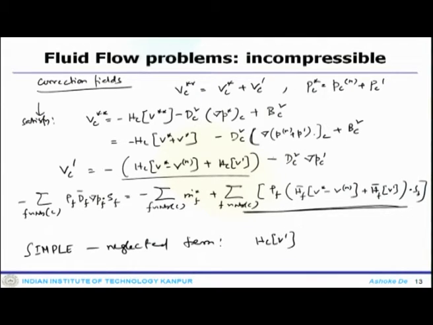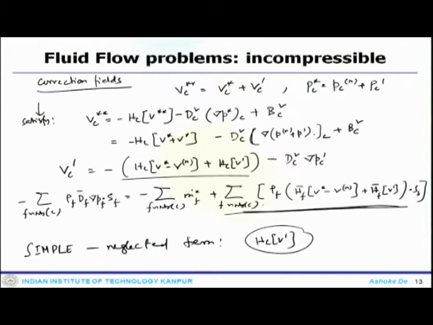So, this was not that small and can lead to a slower convergence rate, but in the PRIME algorithm this term is quite small compared to that, and neglecting it does not make too much of a difference, and it actually leads to better convergence.